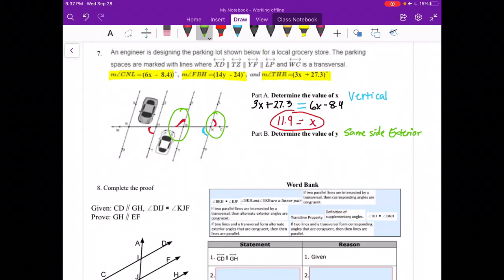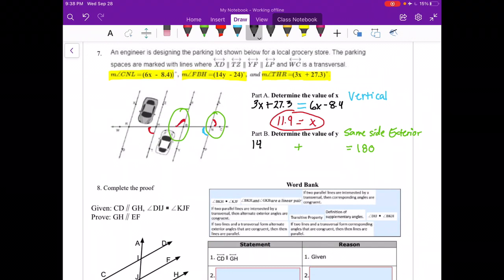And we know that same side exterior angles have to add up to 180 degrees because same side exterior angles are supplementary. So we're going to set up an equation that says our two angles add up to equal 180 degrees.